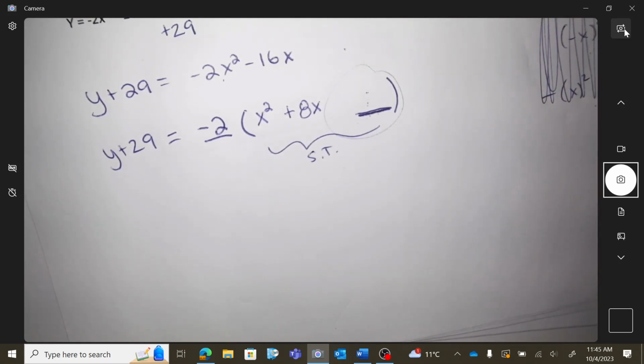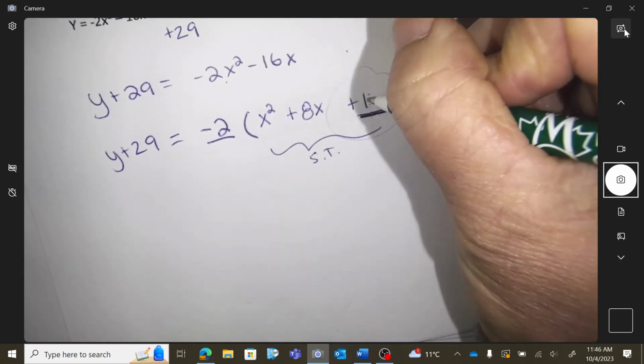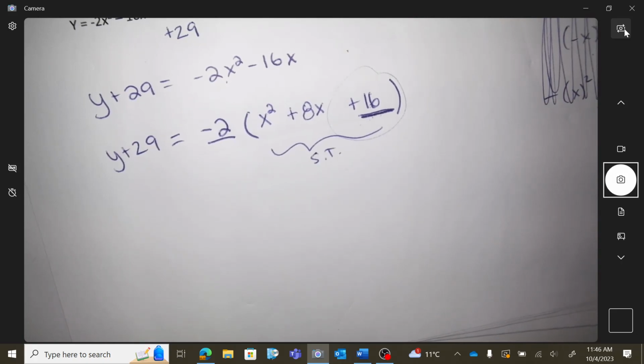So what is the process of complete the square? You have to do something and something. Split in half and then square. Half is 4, squared is 16. Okay, that was something that didn't exist, so it changed my teeter-totter because it wasn't there before.